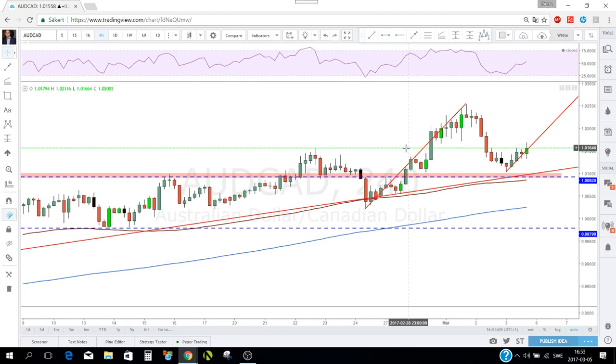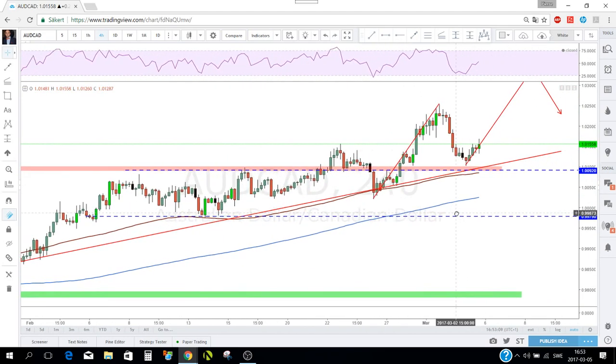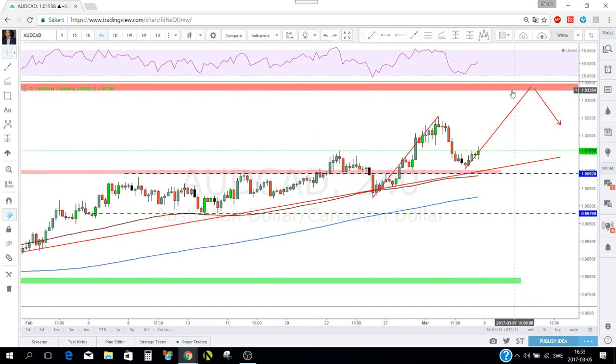So for this pair, I will be looking back up here at this 1.033 area up here, or if going long, I want to see maybe a retest back down here, where if it gives me a double bottom scenario and a divergence on the RSI, and a rejection from this level, then I will maybe be looking for a long from here to at least a retest of these highs, and the ultimate level should be back up here.